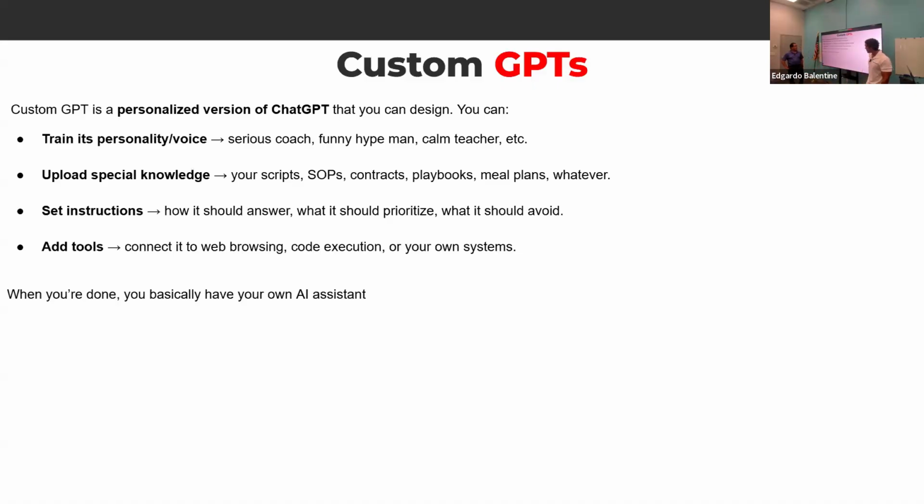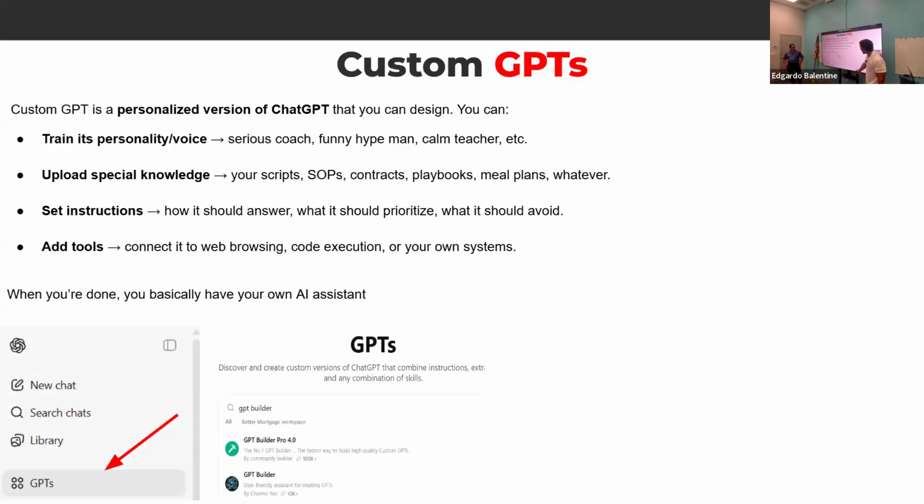How you create a custom GPT is you go to the GPTs option, just below new chat, library, search. Then you type into the little search box where you can look for different GPTs. You're going to look for one that's called GPT Builder. The one that we like is the second one here, not the first one.